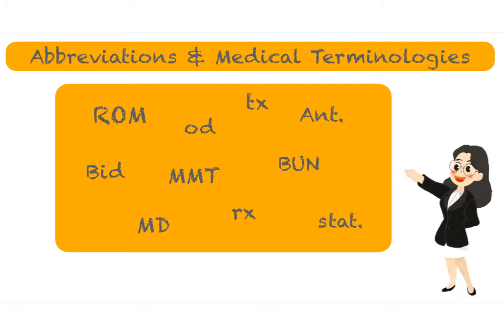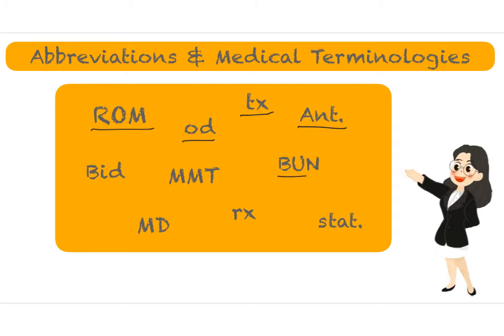So, a few examples of abbreviations and medical terminologies are the following. Number one, ROM, you know that it stands for range of motion. TX actually stands for traction. OD stands for once a day. ANT. stands for anterior.